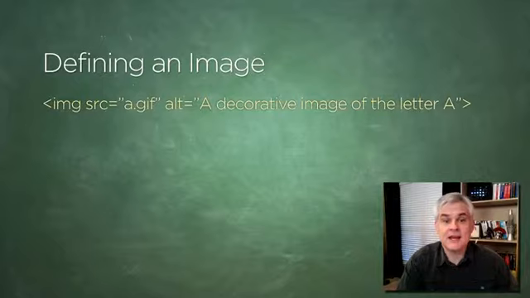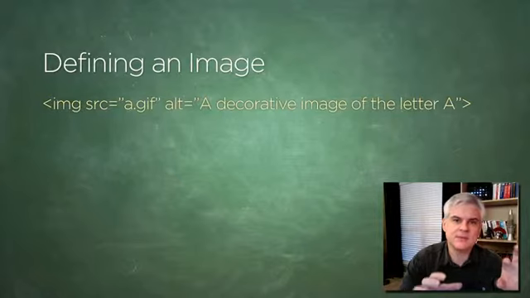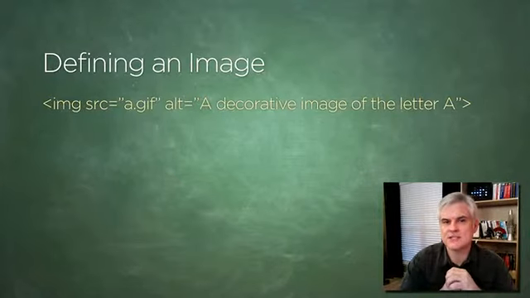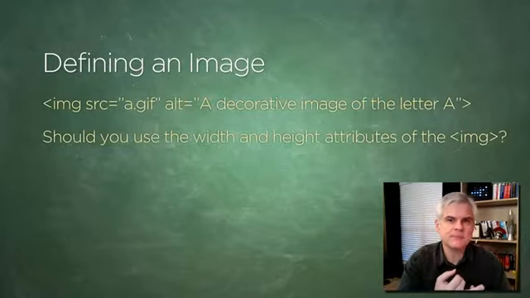So here again, a nod to screen reader software for those who have limited or no vision capabilities. The alt value would be read aloud in these cases, describing the content of the image to that person that's visually impaired.